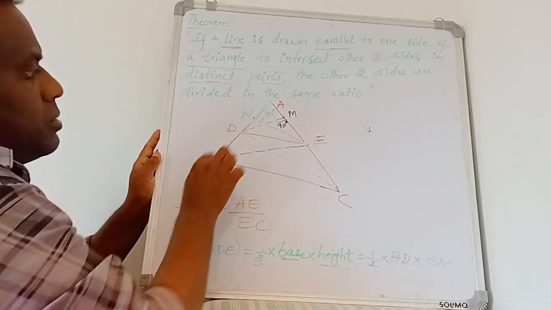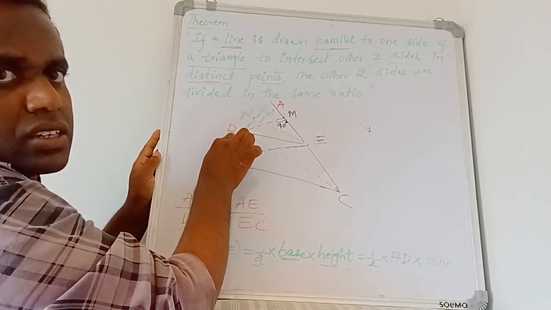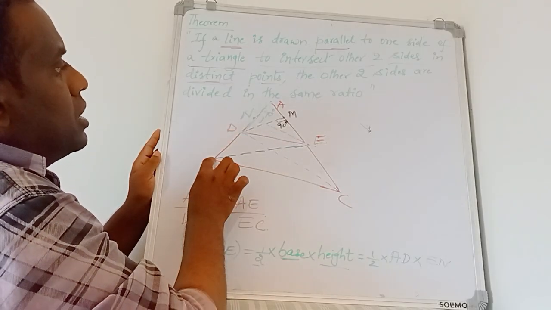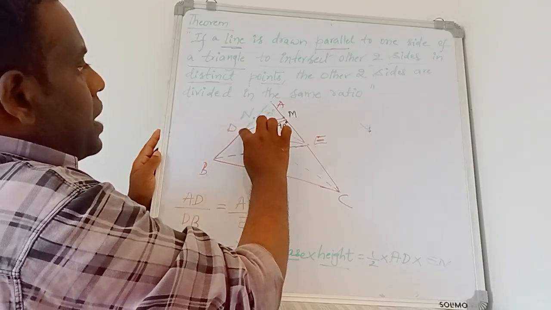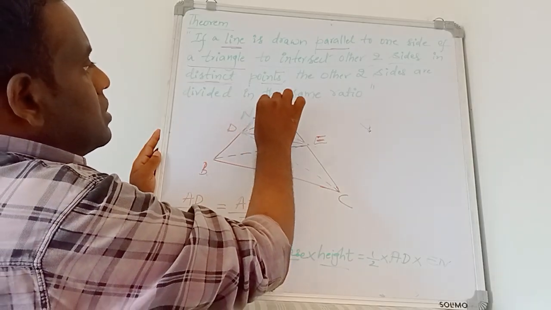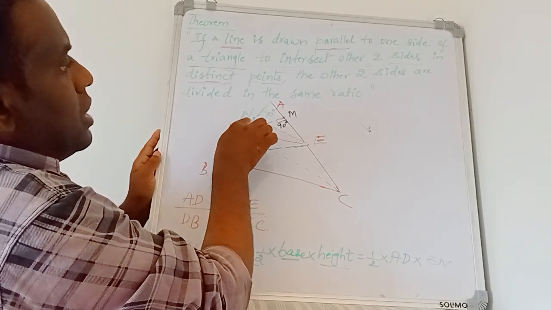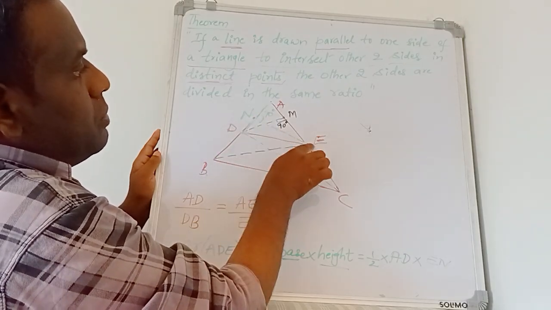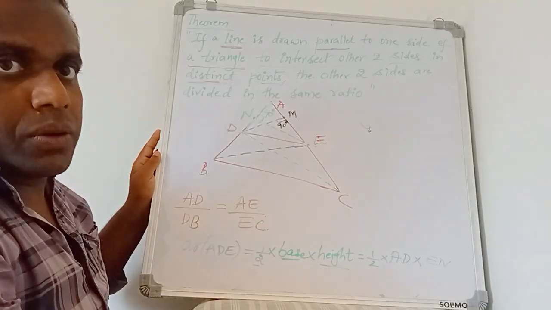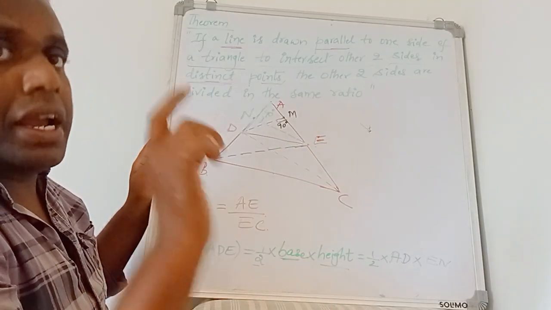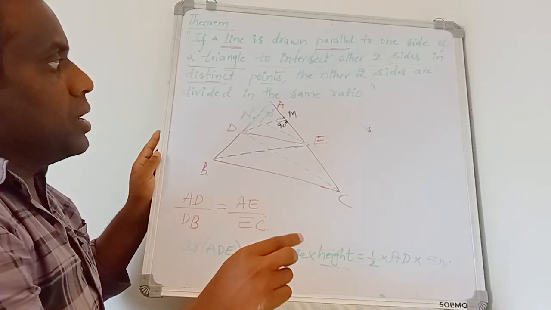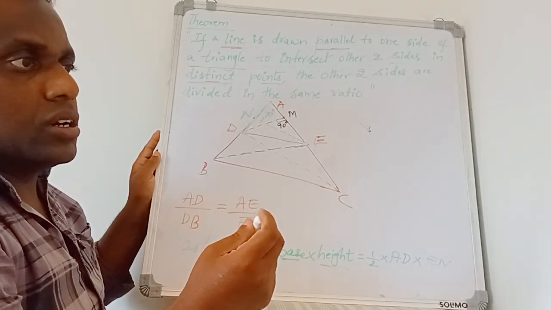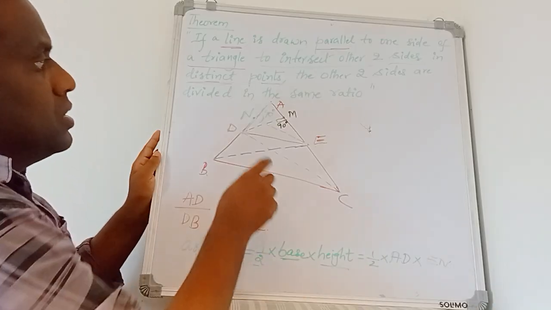So I have considered BD as the base, correct? For this triangle BDE, I have taken BD as the base. If we extend this BD like this, then N will be the point and N to E will be the perpendicular line. So that time it will become the height. A perpendicular straight line should be there to consider it as height.